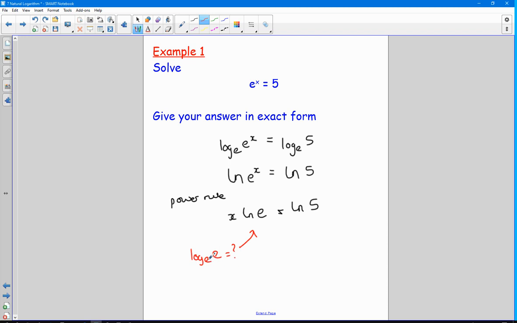Well, what power do I have to raise e to give e? The answer is 1. So this is simplified to 1. So actually our final answer is x equals natural log of 5. And when it says give it in exact form, we don't work it out, we leave the answer like that.